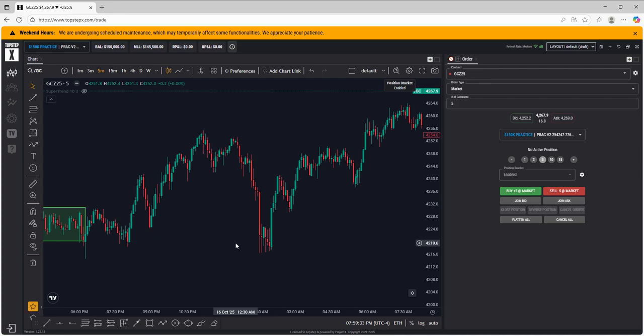Just literally go through and mark up your equal lows and equal highs, and then use structure to see, okay, liquidity plays into my structure. It's going to play into my pullbacks. It's going to play into me creating my new highs or my new lows, whichever trend that you're going.